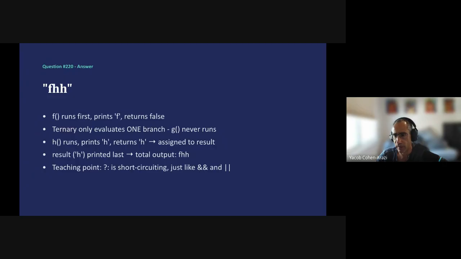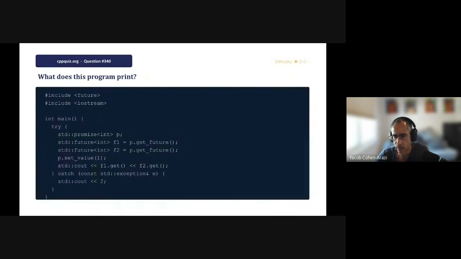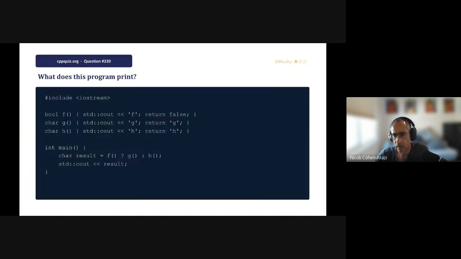The ternary evaluates one branch. G never runs. H runs, and it prints H. And then it returns H, which is assigned to the result, and then it's printed again. So let's take a look. F is false, so we evaluate to H, which prints H, and then another H. So FHH.